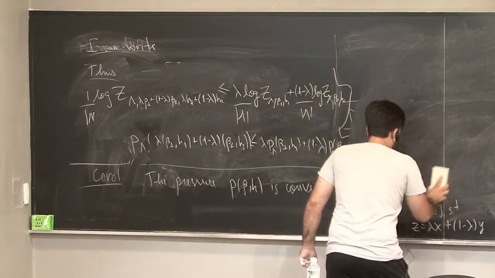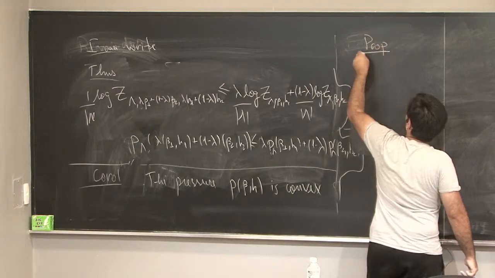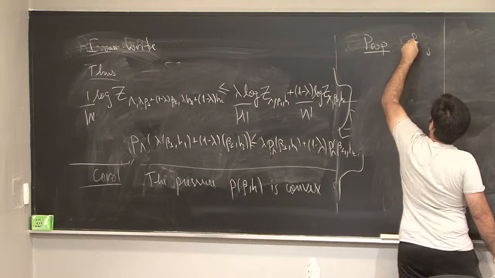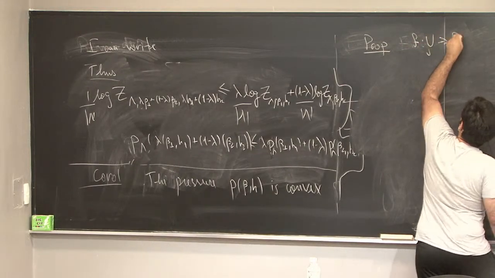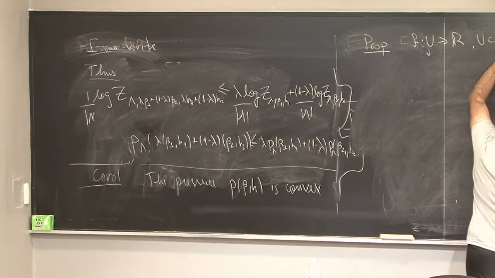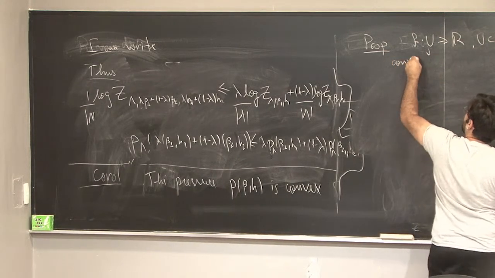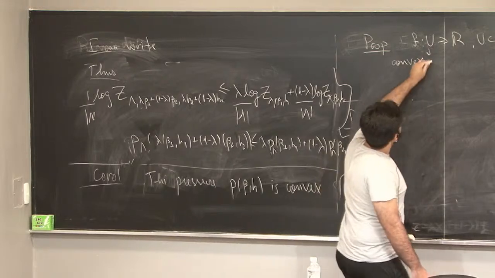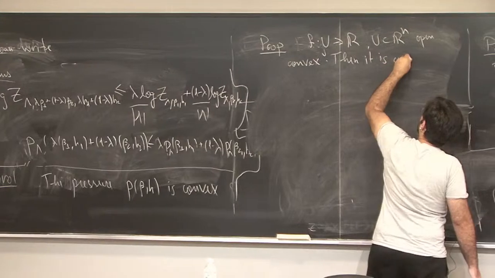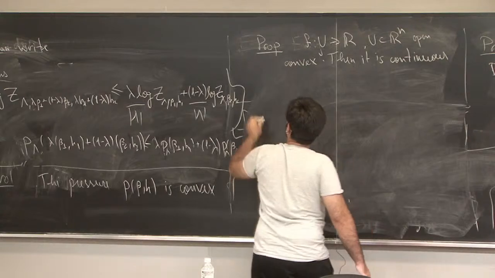And the first one is continuity. So every convex function, so consider f, a convex function from an open subset of Rn. Then it is continuous.